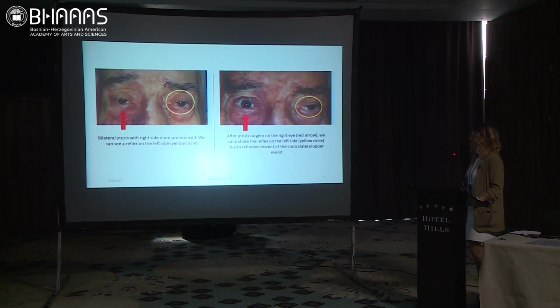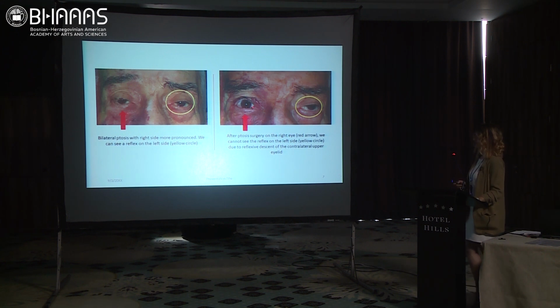So this is my patient, an old gentleman that I operated on when I was a resident. At that time, my only consideration was to give a good lid height, and I wasn't that concerned about the lid contour. This is the before picture, and this is the after picture.